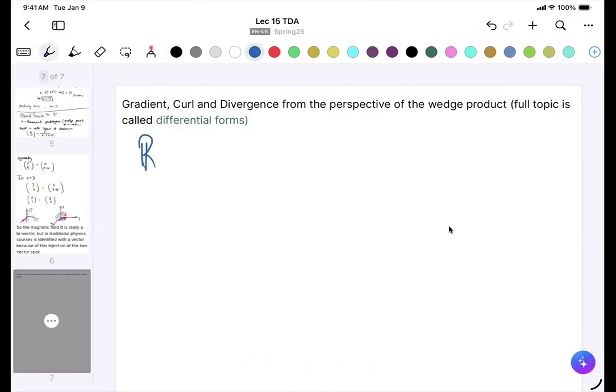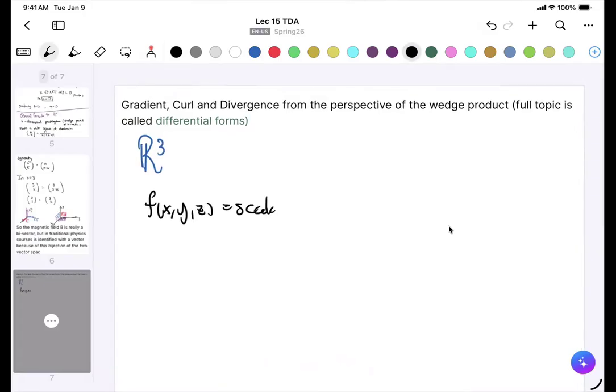If you have a function on R3, a scalar function, then you can find something called its exterior derivative.